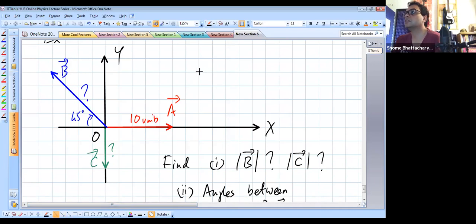You can see that this side length for one box, in terms of my vector notation, must be 2 units.